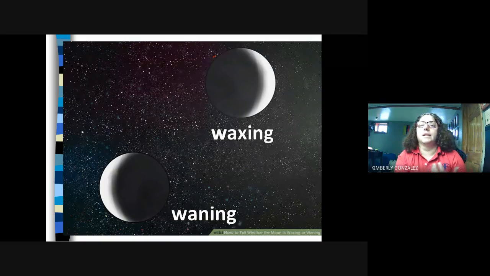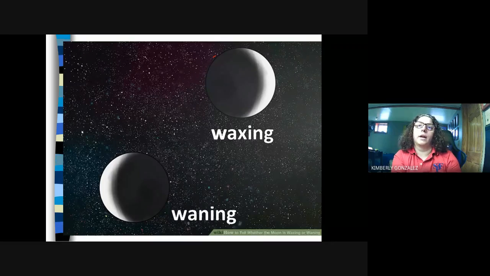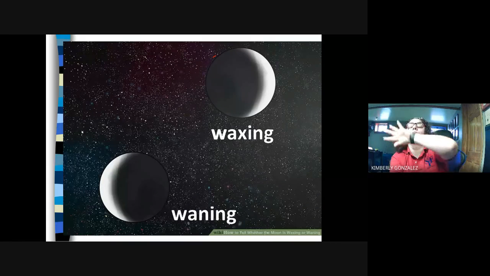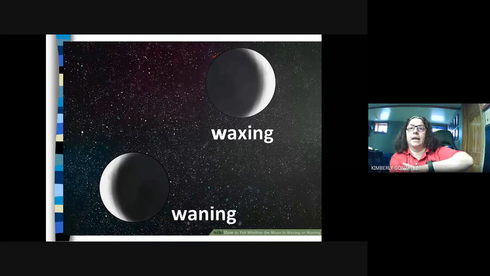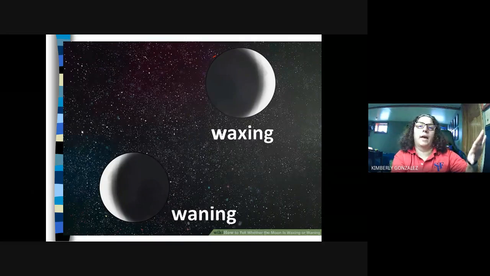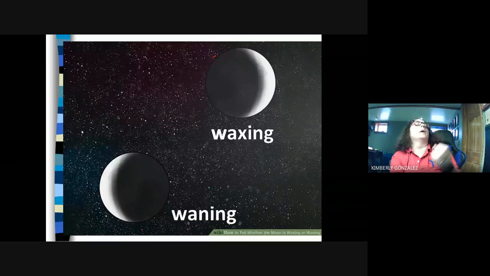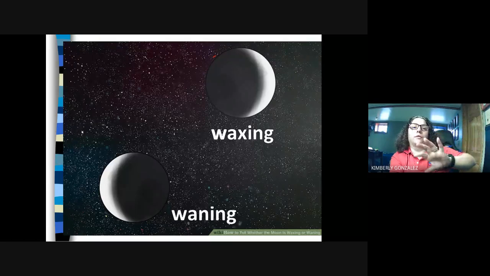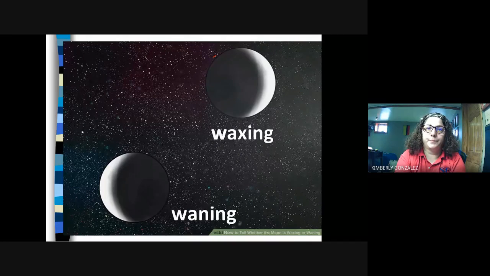All right, the difference between waxing and waning, right? Waxing means that on the right-hand side, from our perspective, the light is hitting and it will get bigger from that. Waning is when it is starting off, or the phase will actually be on the left-hand side and the rest will be in the darkness.